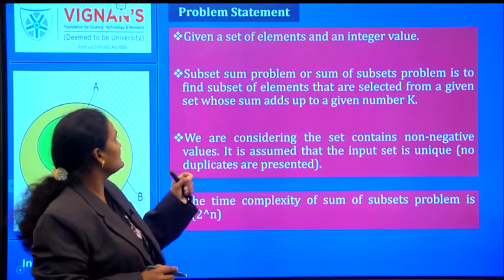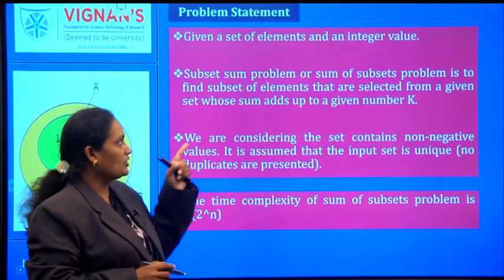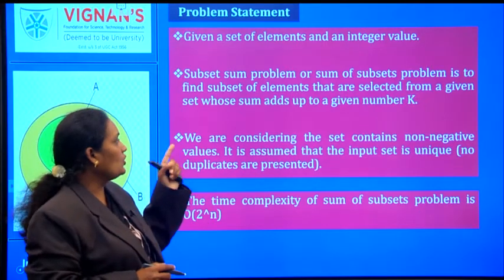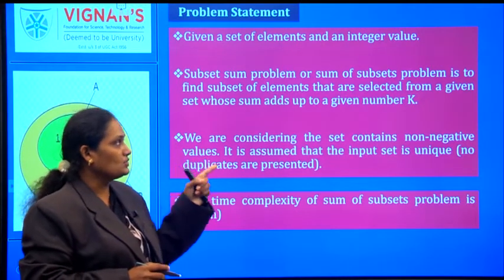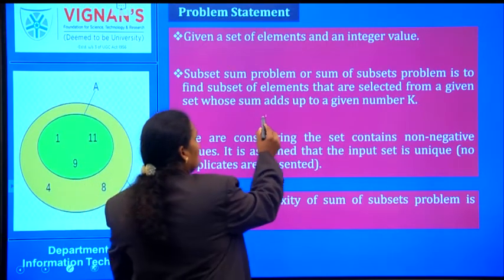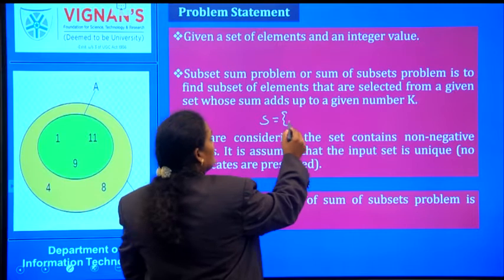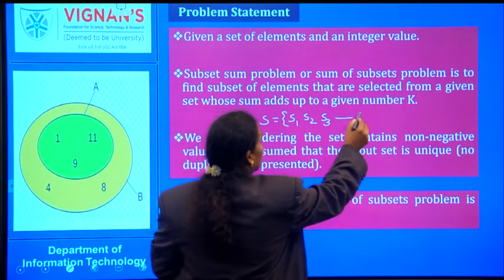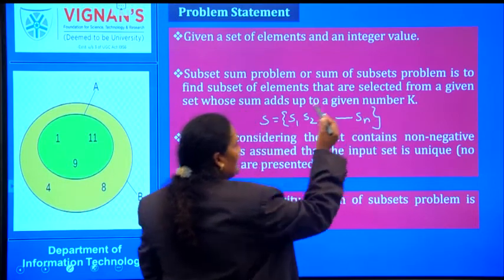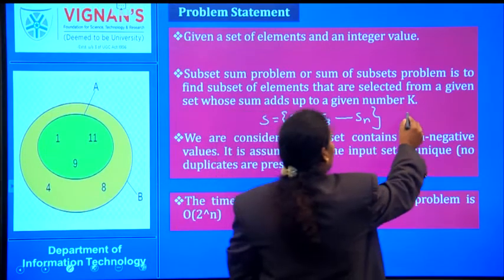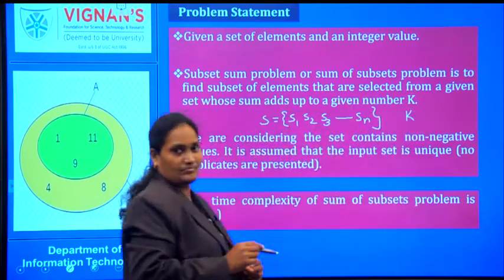The problem is to find a subset of elements selected from a given set whose sum adds up to a given integer k. Let us say I am given a set of elements S equal to s1, s2, s3, and so on, sn. Here I am given n elements in that set and also an integer value k.